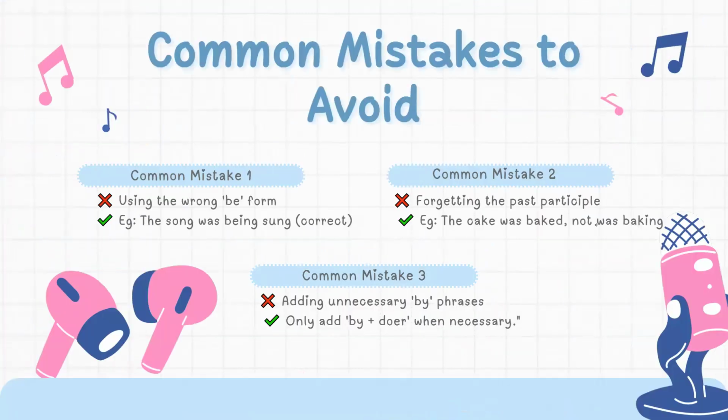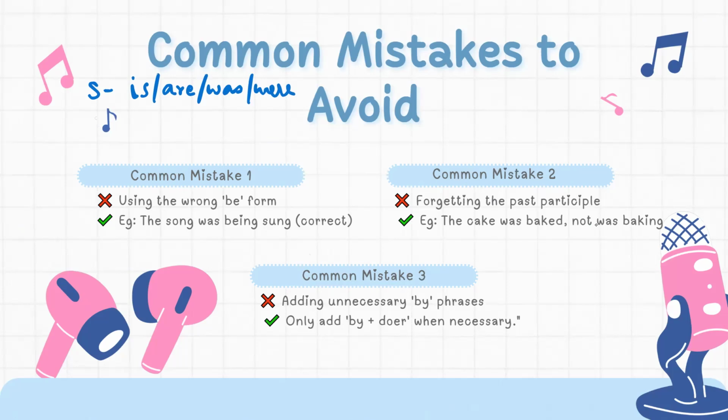Now, what are the common mistakes that we have to avoid while focusing on voices? The first common mistake is that we tend to use the wrong be form. Always remember, stick to the be form. It is quite simple. If it is a simple tense, you're just going to use is, are, was, or were.